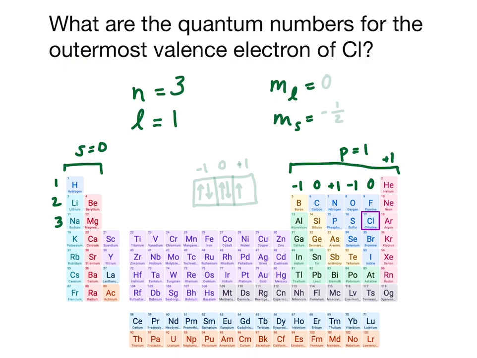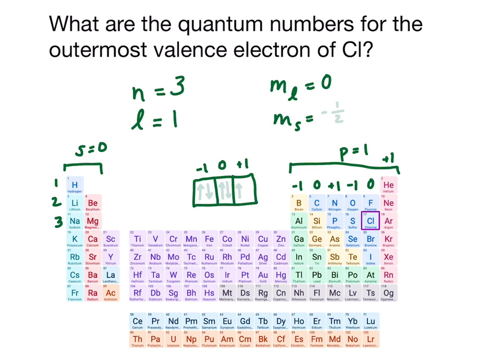And when we look at the column where chlorine is located, we see that m sub L will equal 0. If we draw a P orbital, we've got those 3 specific orbitals in the P subshell. The one to the left would be -1, the middle would be 0, and the right would be +1. So that's how we can identify those numbers.